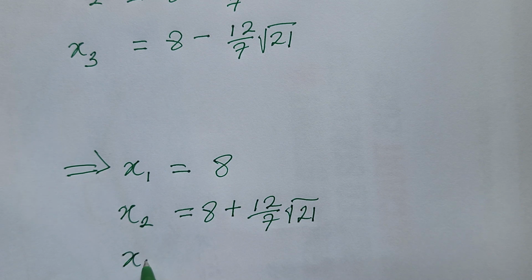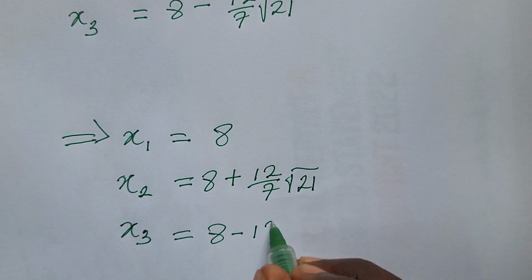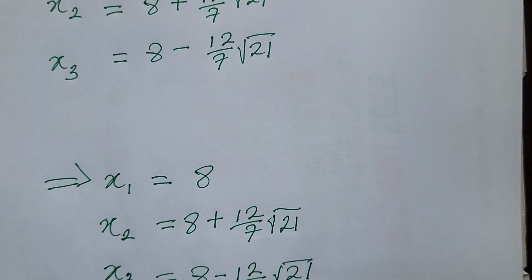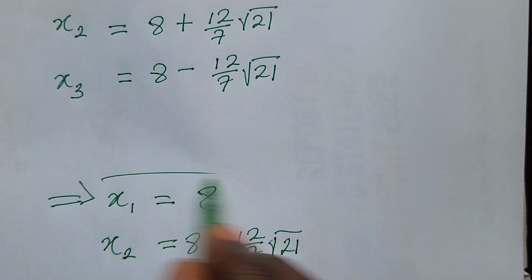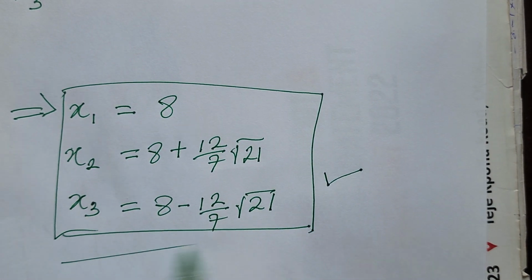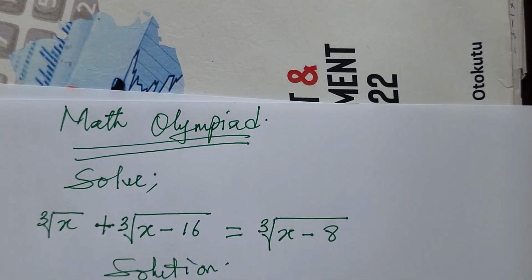And x3, this is equal to 8 minus 12 all over 7 the square root of 21. So these are the three roots to our radical equation, which is this.